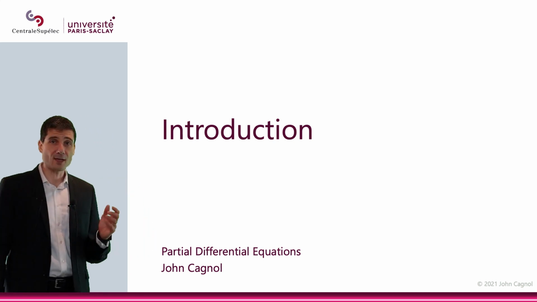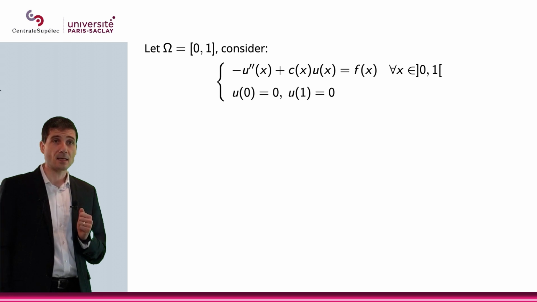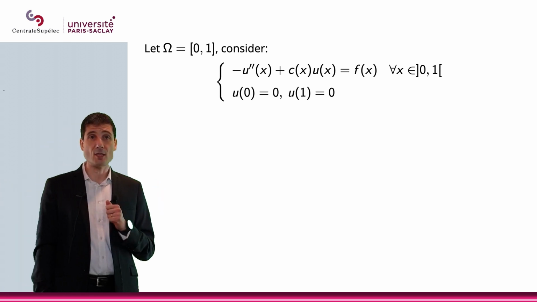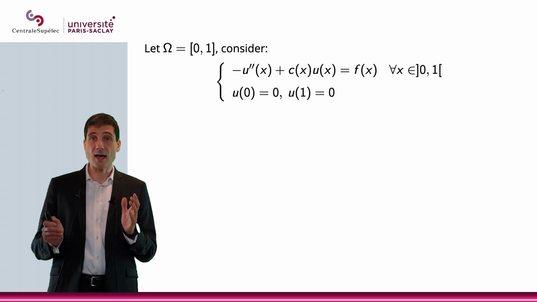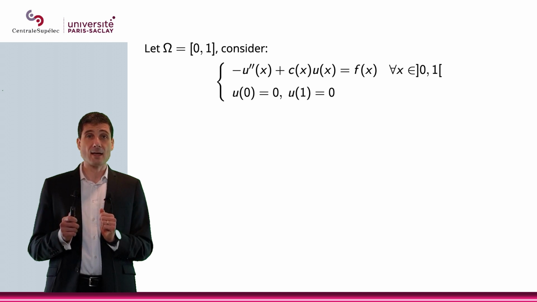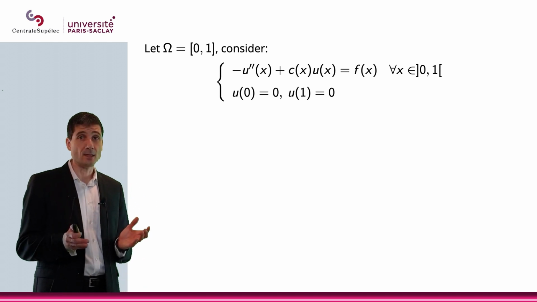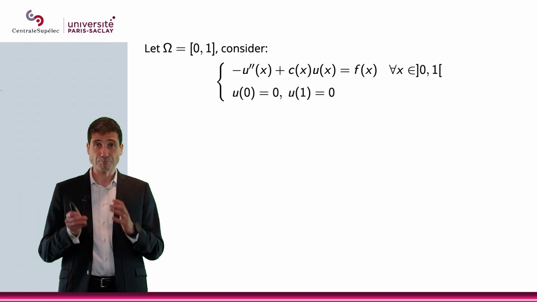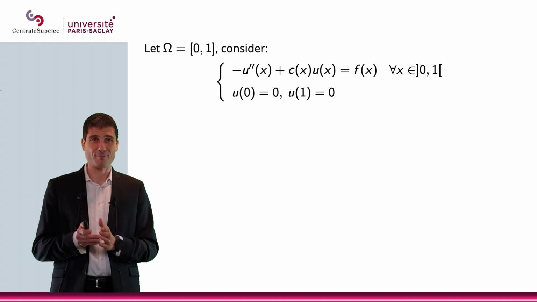Let me start with an example here, which is this PDE. Minus u second plus cu equals f inside of the interval 0, 1. And at the boundary, we have u of 0 equals 0 and u of 1 equals 0 as well. That is the boundary condition.